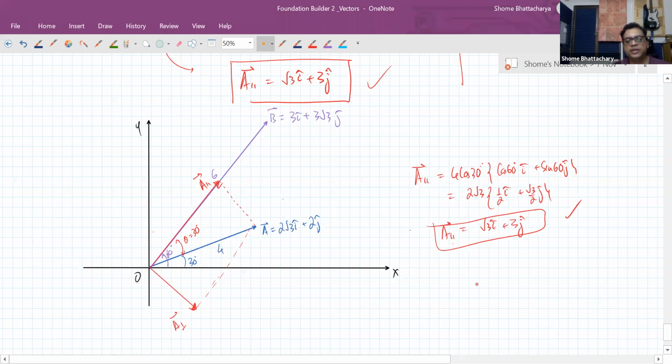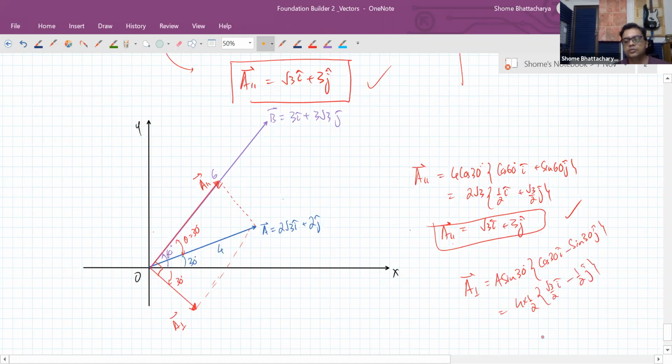And similarly now A perpendicular you can see will become A sine theta, so that is 4 sine 30 degrees, but into this direction. So here this angle is 30 again because this is 90. So it is cos 30 I cap but minus sine 30 j cap because the y component is negative. So this is 4 into half plus into root 3 by 2 I cap minus 1 by 2 j cap.